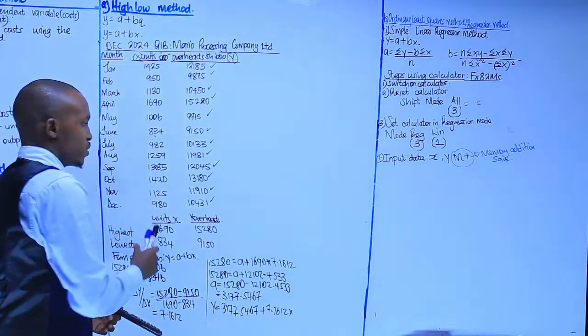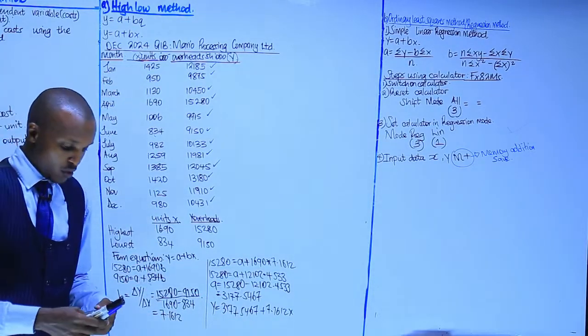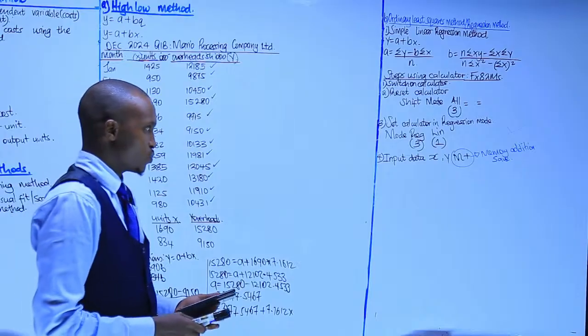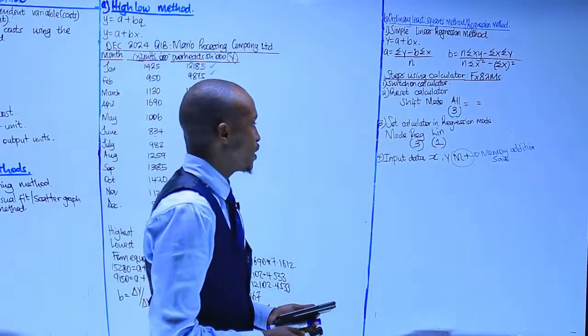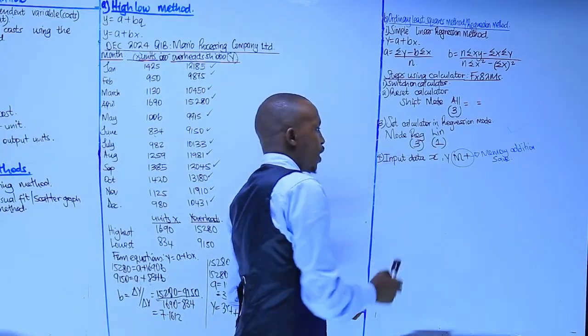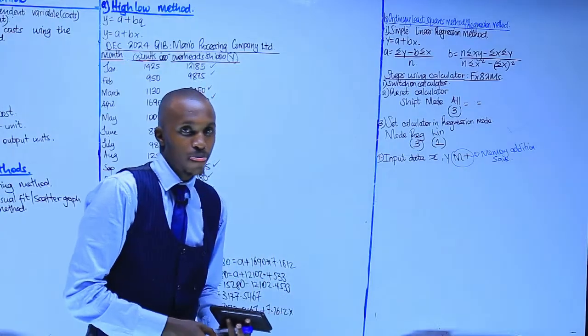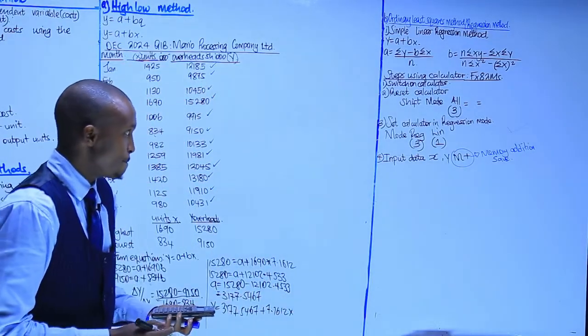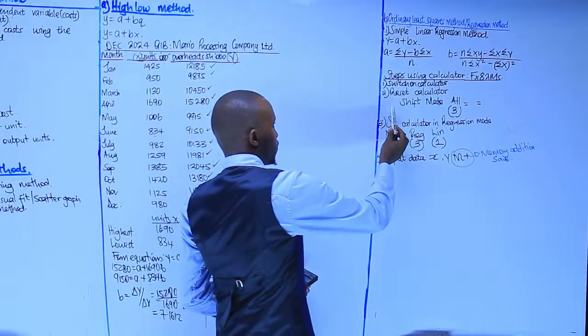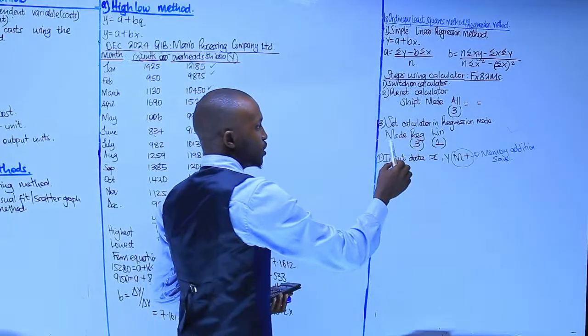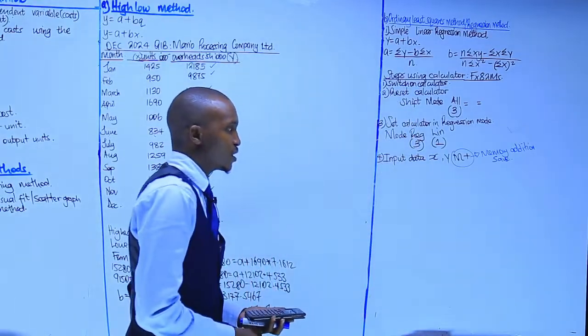Then I want us to do this December 2024 data together, and I want to show you how we input it. I hope we have reset our calculator and set it up in regression mode.